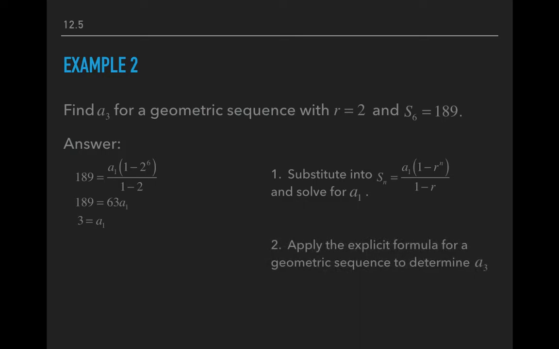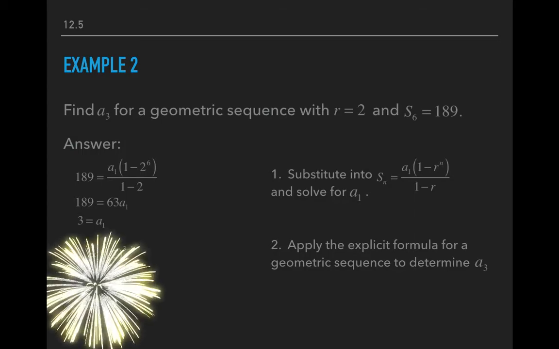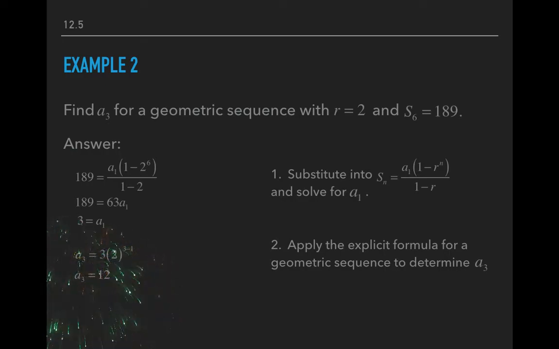Now we can use this value, plugging it into the explicit formula, to find the third position's value. So that looks like the first term's value, the rate, and then n. Our n is 3 minus 1. That will give us 12.